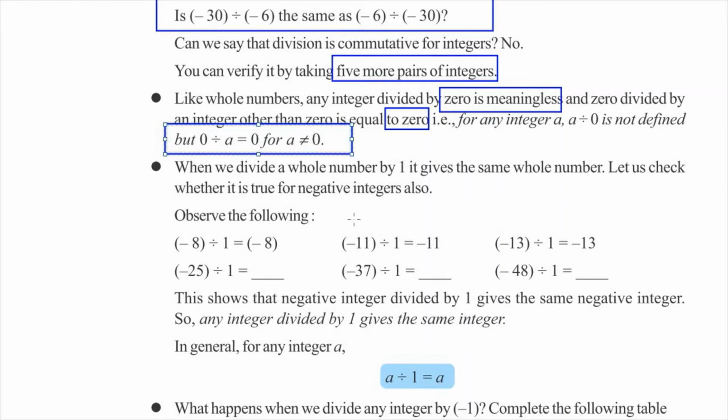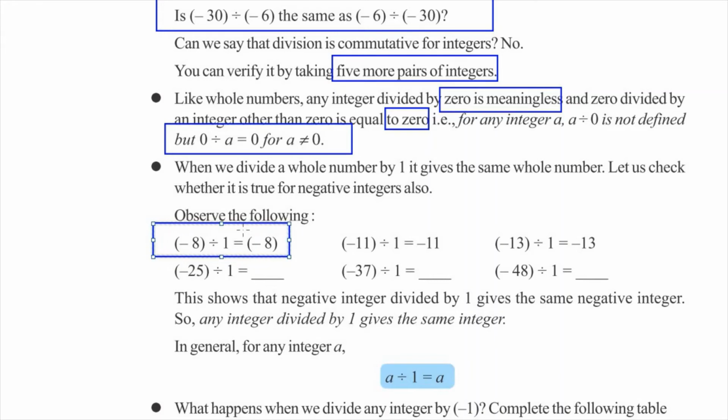This is true only for natural numbers, that is only for counting numbers. By this I mean the intuitive understanding behind it, but the property holds for the bigger sets of numbers, including whole numbers and integers. So when we divide a whole number by 1, it gives the same whole number. Let us check whether this is true for negative integers also. Here we have minus 8 divided by 1 is equal to minus 8.